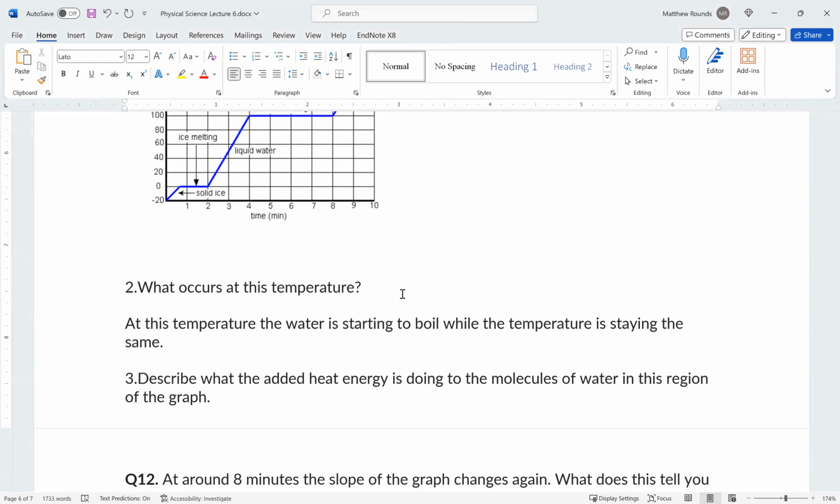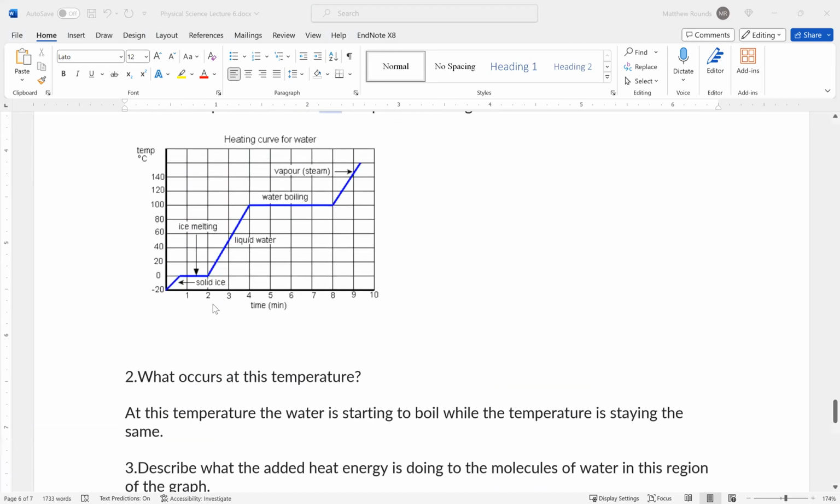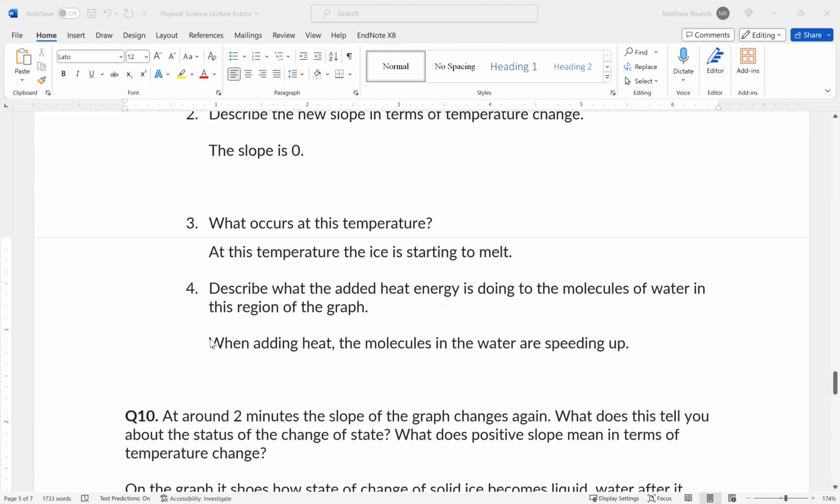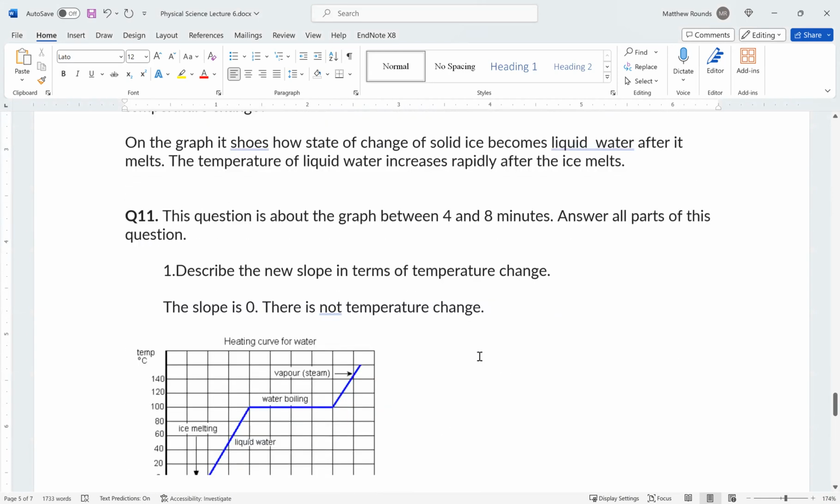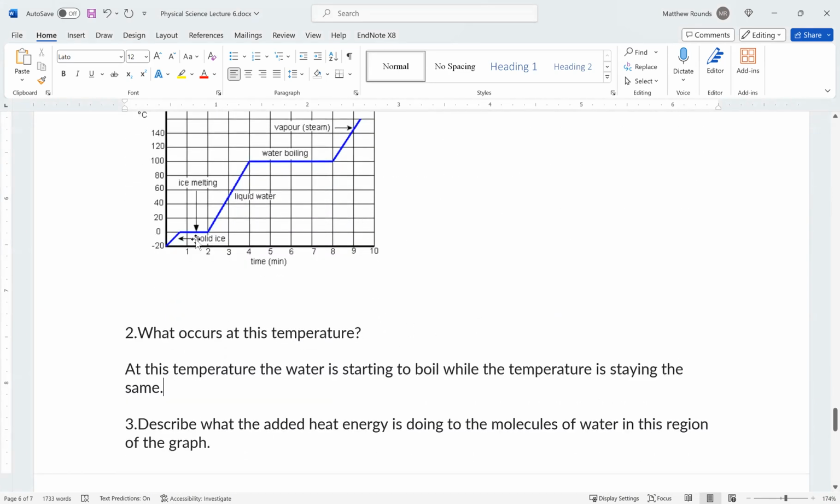So we've actually answered question 3 here earlier, like what's happening to the molecules. Let's go back and look at that answer. When adding heat, the molecules in the water are speeding up. Do you think they're speeding up more rapidly or less rapidly compared to the ice melting?